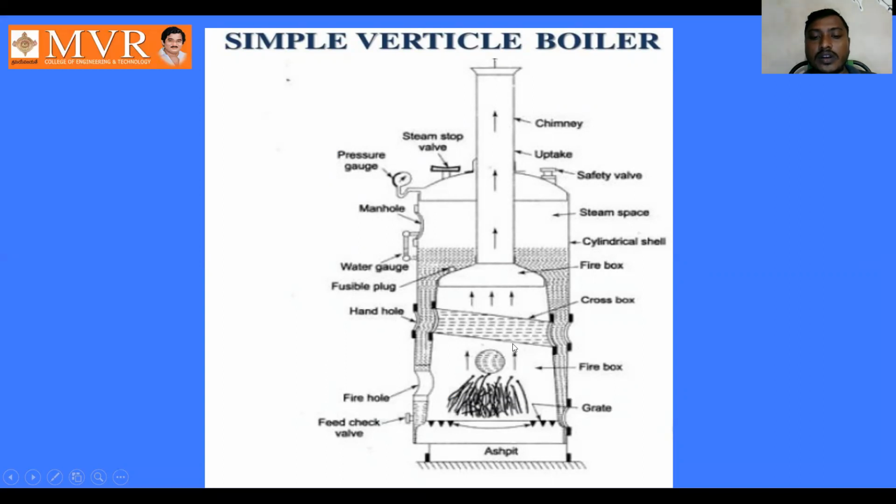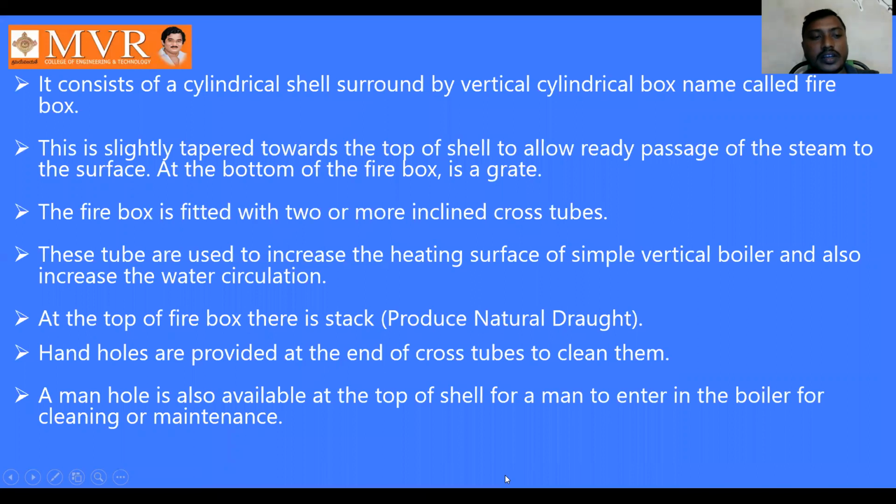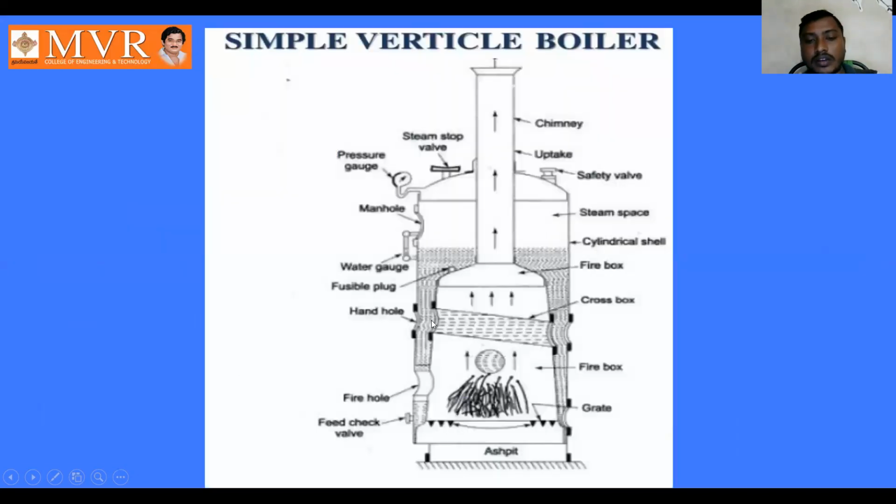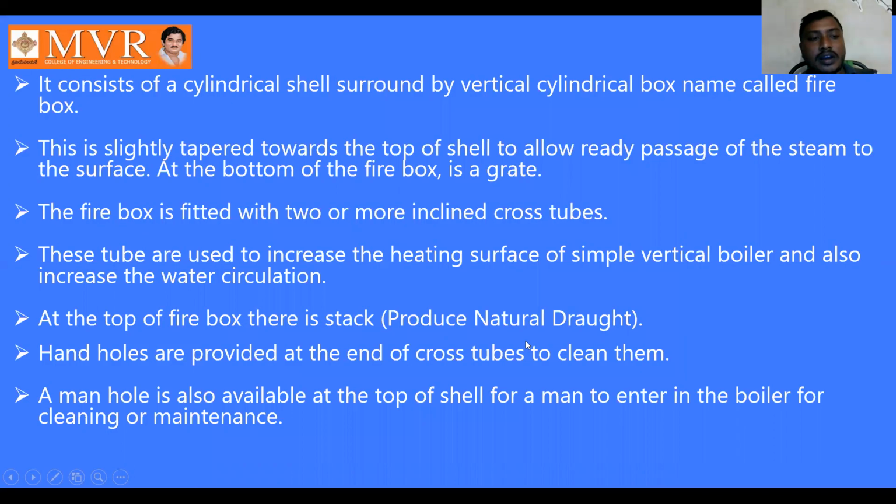This is the hand hole, and this is the cross box. See here, we can study about this. The firebox is fitted with two or more inclined cross tubes. You can observe the inclined cross tubes here.